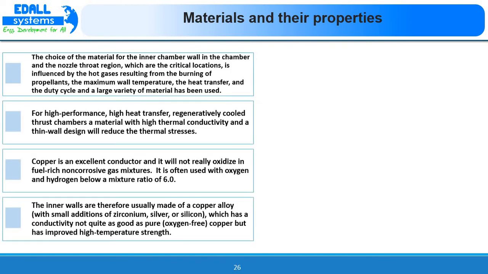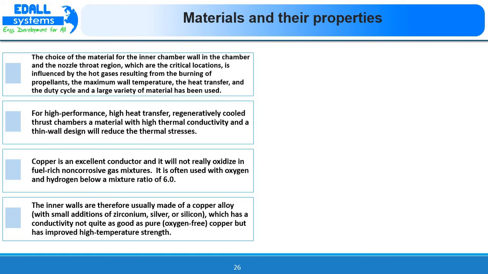The choice of the material for the inner chamber wall in the chamber and the nozzle throat region, which are the critical locations, is influenced by the hot gases resulting from the burning of propellants, the maximum wall temperature, the heat transfer, and the duty cycle, and a large variety of materials has been used. For high performance, high heat transfer, regeneratively cooled thrust chambers, a material with high thermal conductivity and a thin wall design will reduce the thermal stresses.